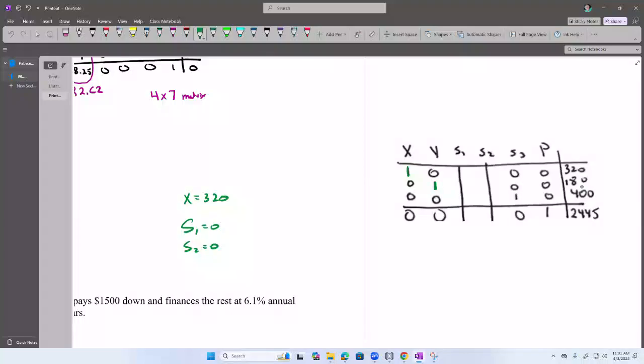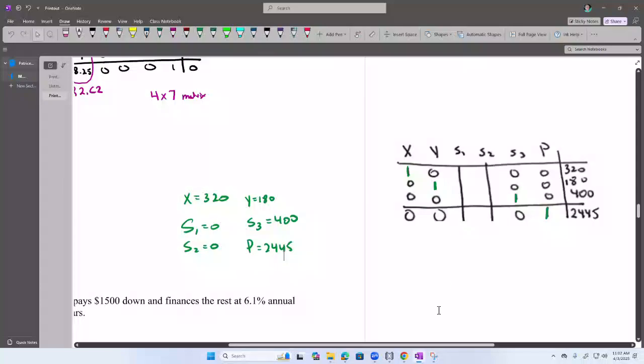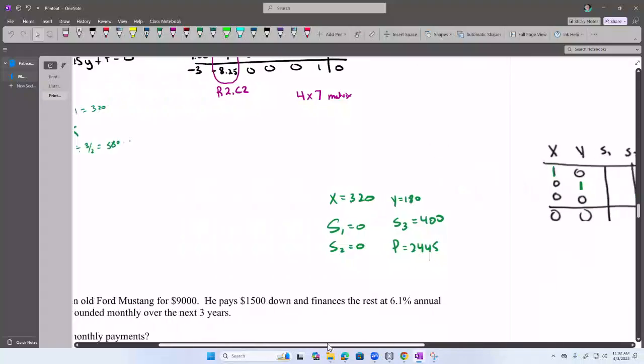Row 2, I have 1y equals 180. Row 3, I have 1s sub 3 equals 400. And row 4, I have p equals 2445.